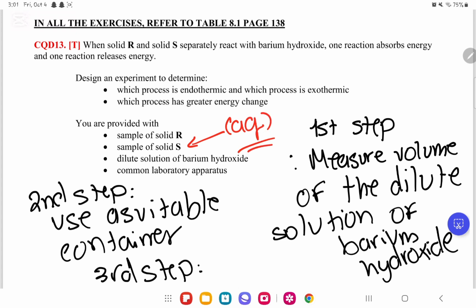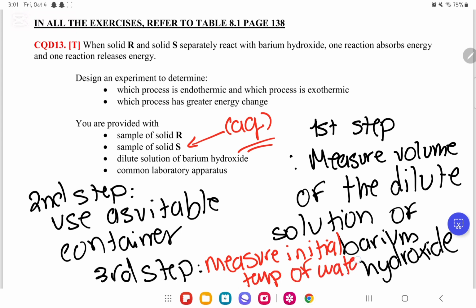Because it's aqueous solution, because it has water, we need to measure initial temperature of water before adding the reactants, okay? Then, after measuring the initial temperature of water, we're gonna add the solid.